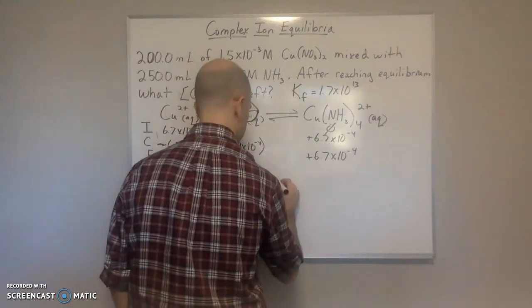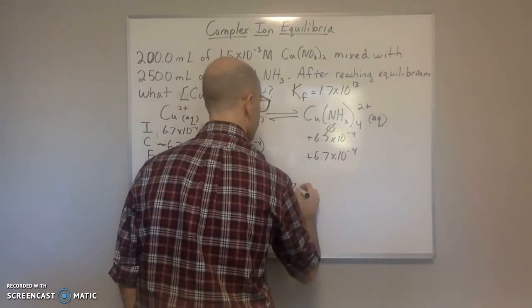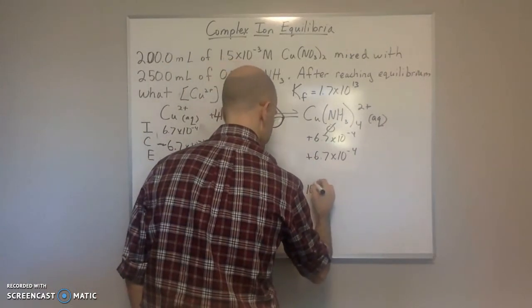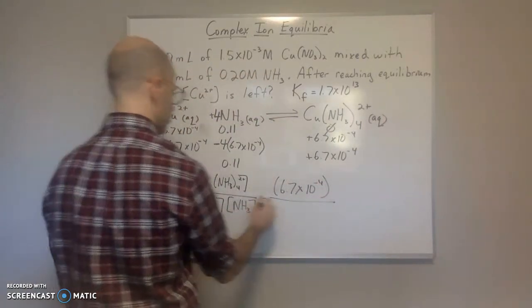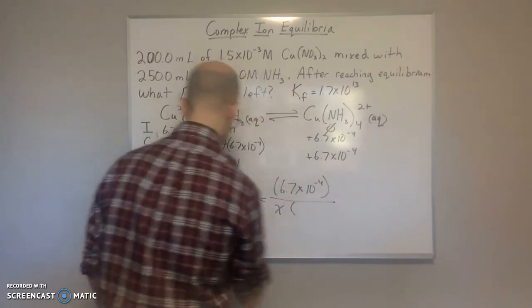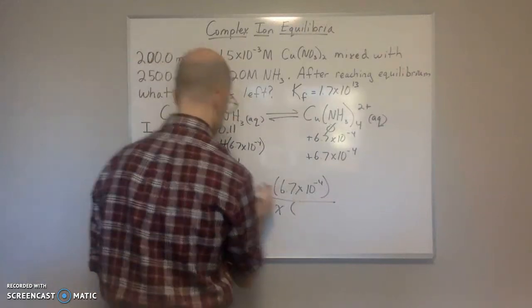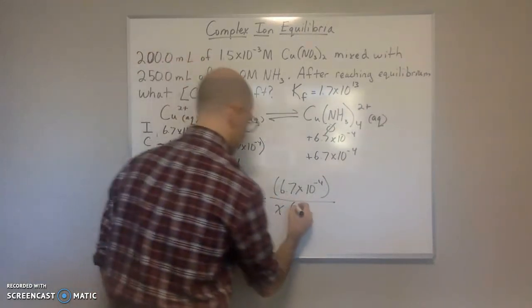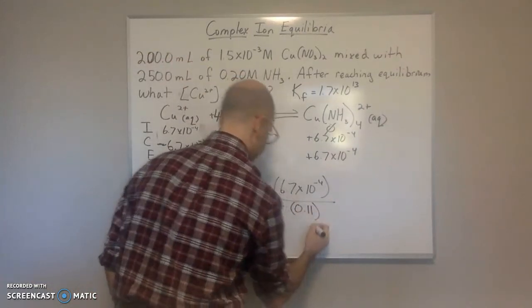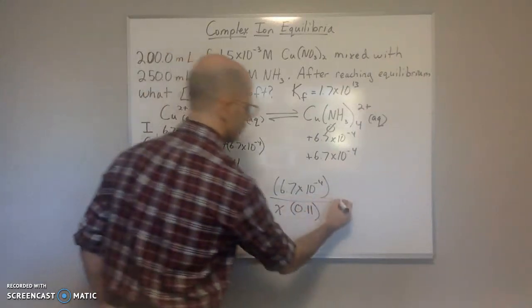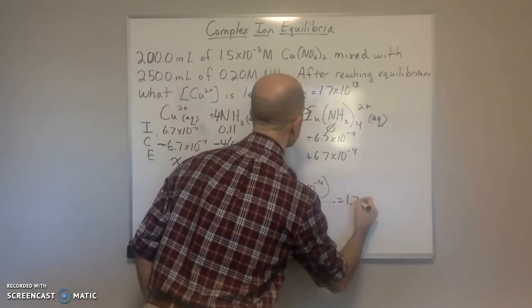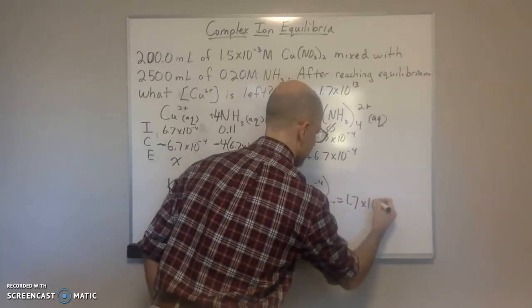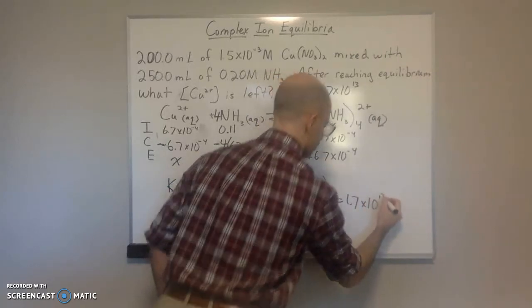So now we can put in the values here. So the value here is going to be 6.7 times 10 to the negative 4 over, and then the concentrations is going to be X times whatever the concentration there is. That's 0.11, to the fourth. And again, Kf is equal to, right here, 1.7 times 10 to the 13.